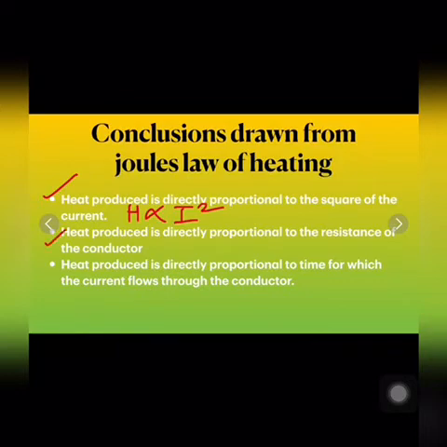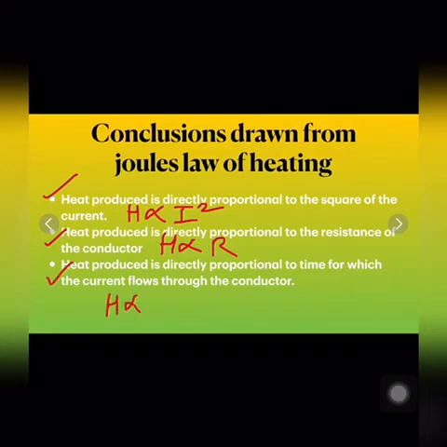Second, heat produced is directly proportional to the resistance of the conductor, that is H is directly proportional to R, which means if the resistance is doubled, the heat produced also gets doubled, and if the resistance is halved, the heat produced also gets halved. Third, heat produced is directly proportional to the time for which the current flows through the conductor.